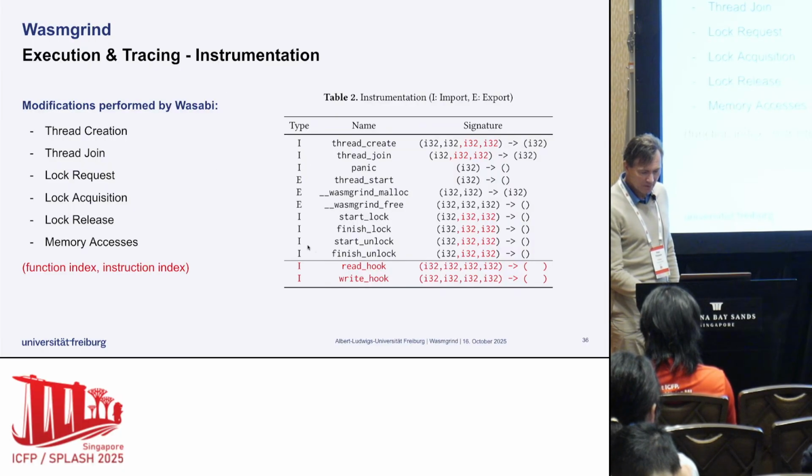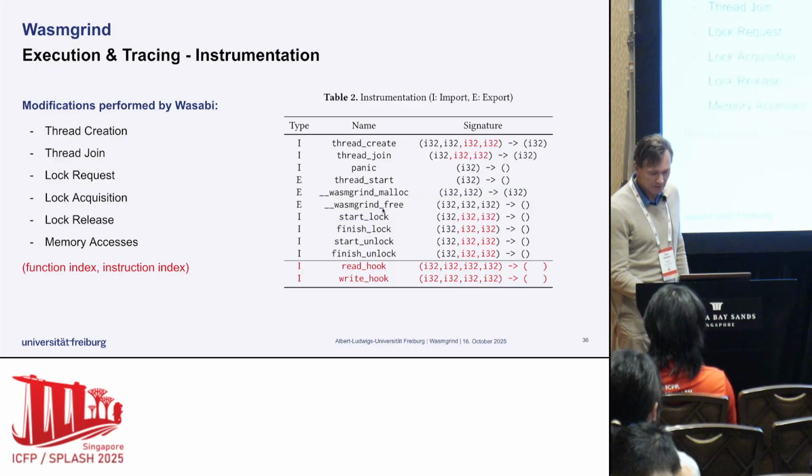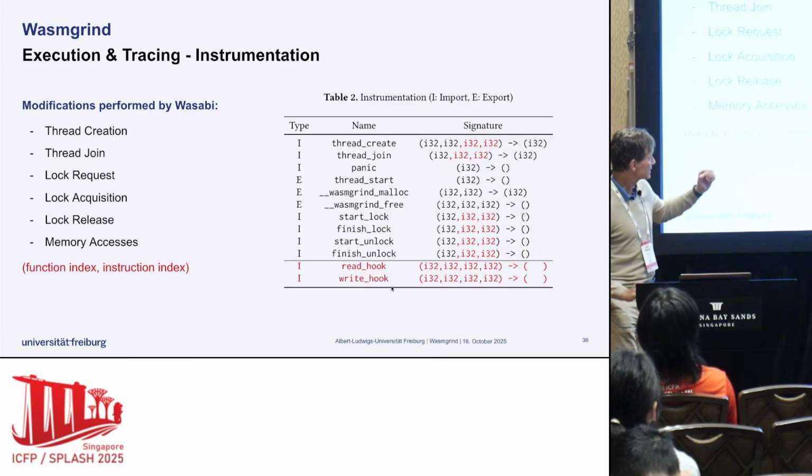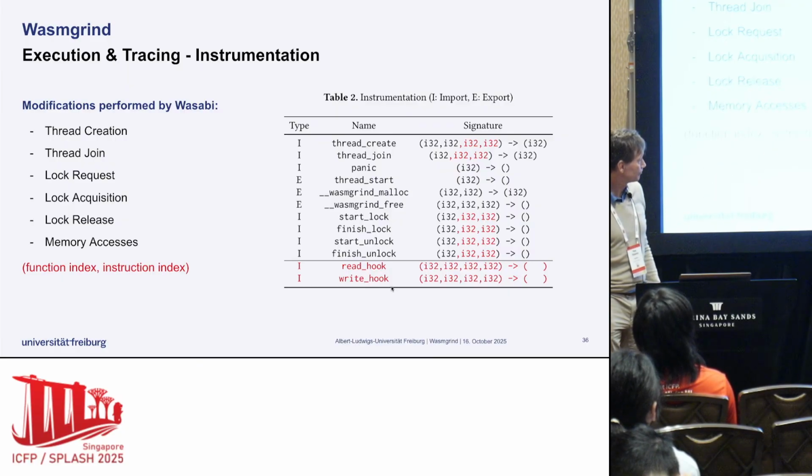So for tracing, we extend the ABI so that we don't just get the usual threading messages, but also get messages when there are read and write operations to the shared memory.